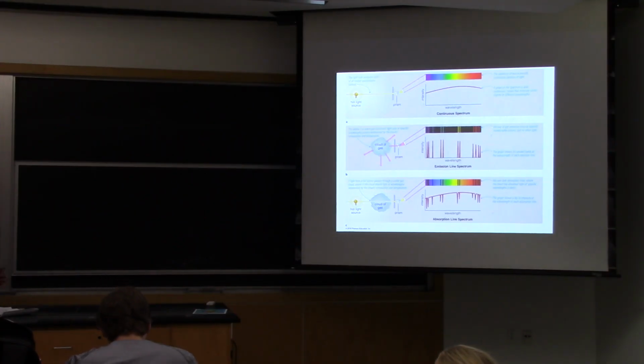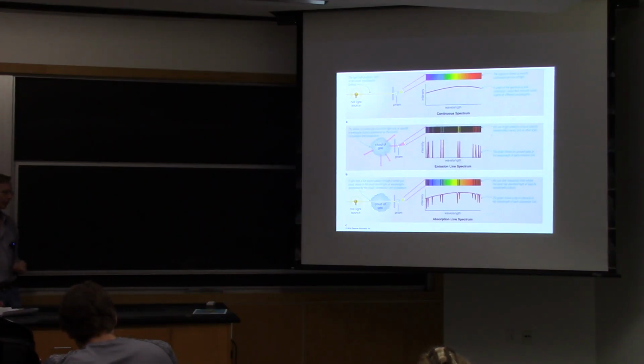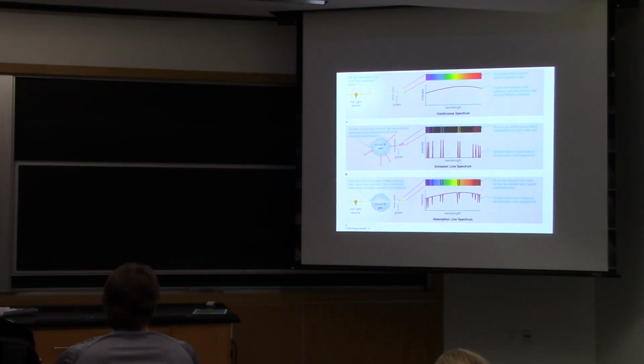If you have a hot light source, say the filament of an old-fashioned light bulb, or a hot liquid or a hot dense gas, then you will see a continuous rainbow spectrum that, to the extent that it is well described by the ideal thermal blackbody spectrum, will be a Planckian spectrum, and that's what that curve here would be part of.